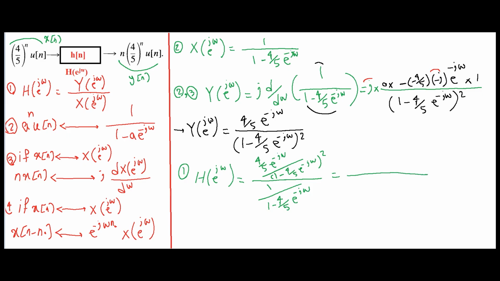After substitution and simplification, the frequency response becomes H(e^{j omega}) equals 4/5 e to the power minus j omega divided by 1 minus 4/5 e to the power minus j omega.